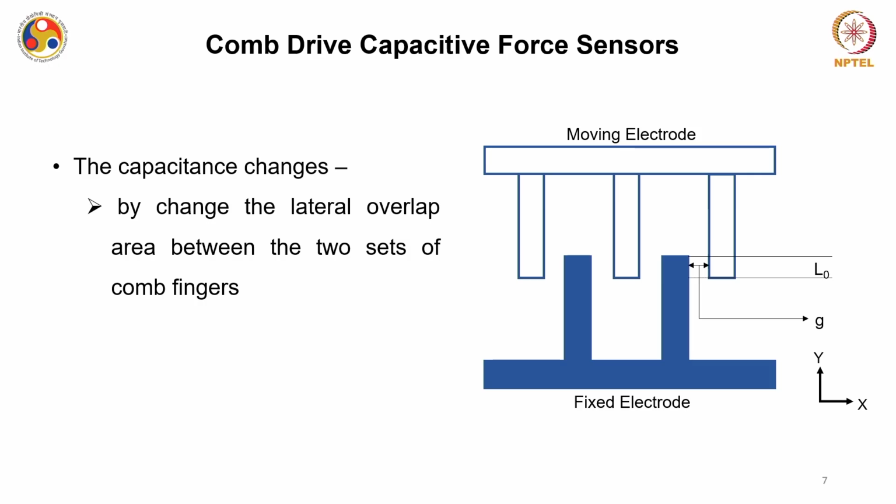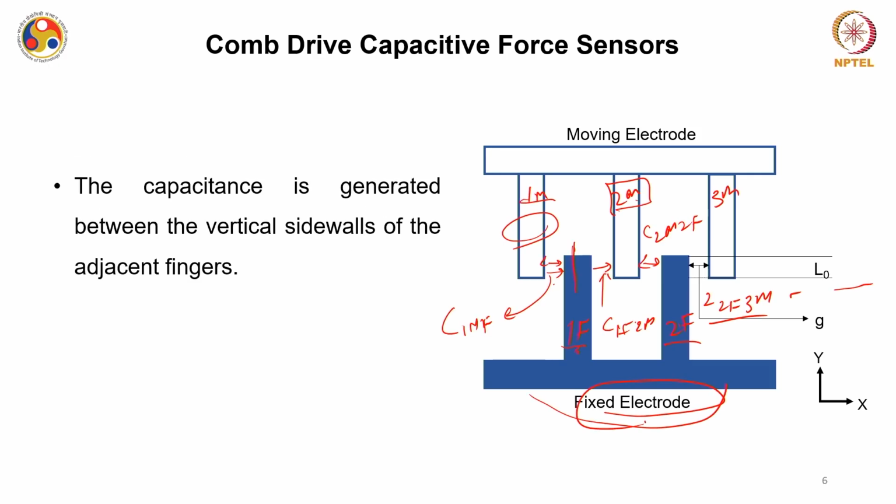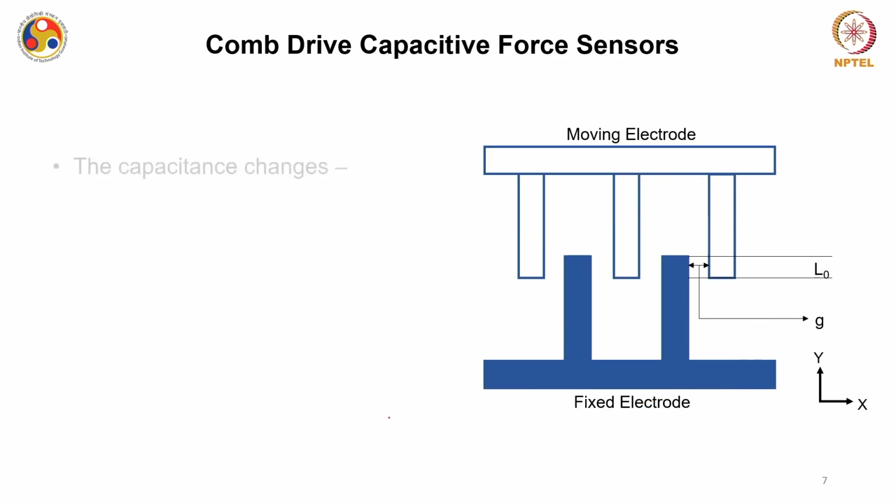So this is the initial capacitance that we have seen: C1M1F, C1F2M, C2M2F, C2F3M. This is the initial capacitance of this system, if you take consideration of all these capacitances.